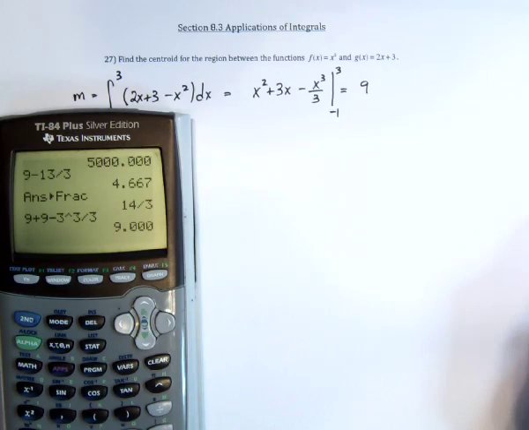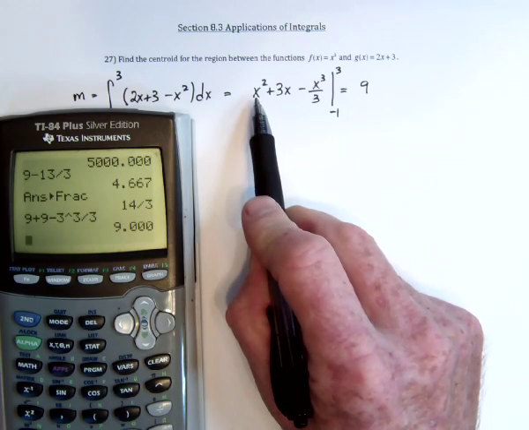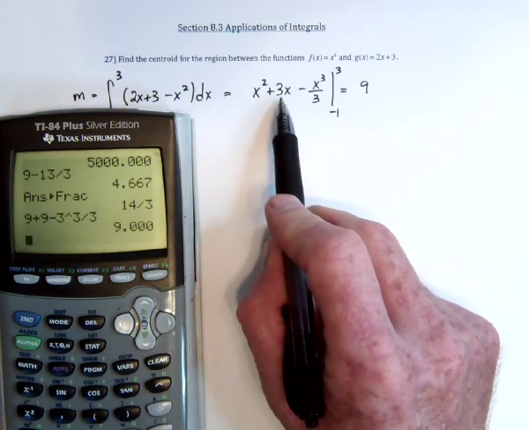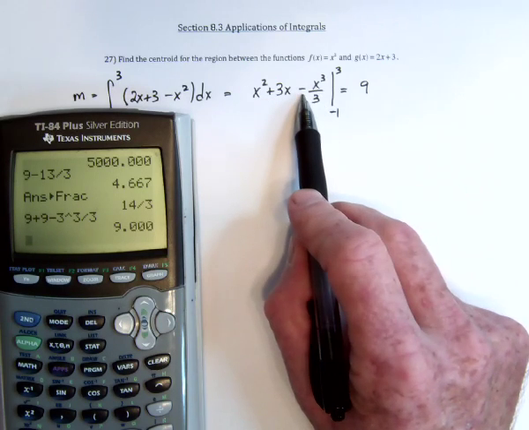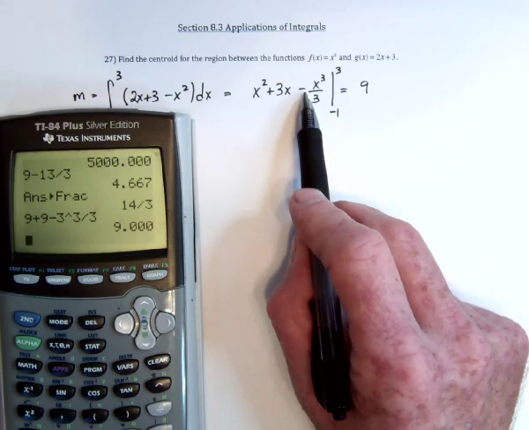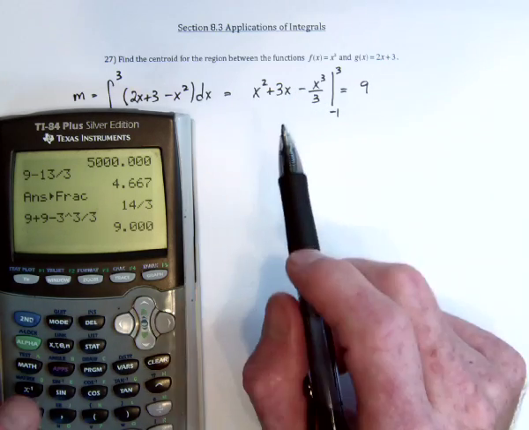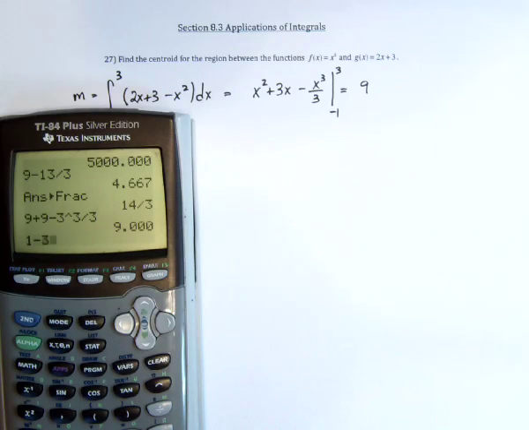And then when you substitute a -1, this will be a +1 minus 3, and then this actually becomes a +1/3. So there are 3 negatives there, and a fourth one there. So this is 1 minus 3 plus 1/3.